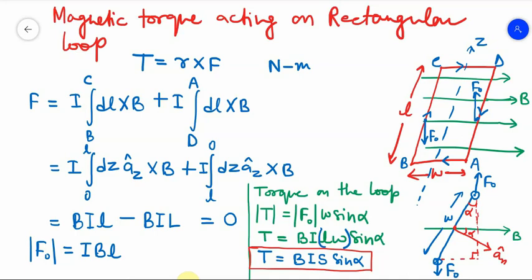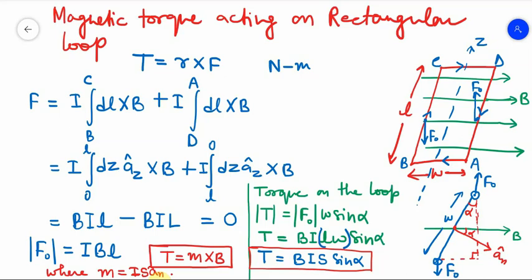So this T is BIS sin alpha, and if we consider this IS the magnetic dipole moment of the loop, then this T can be written as T equals to M cross B, where M is current multiplied by this S, and the direction is AN.